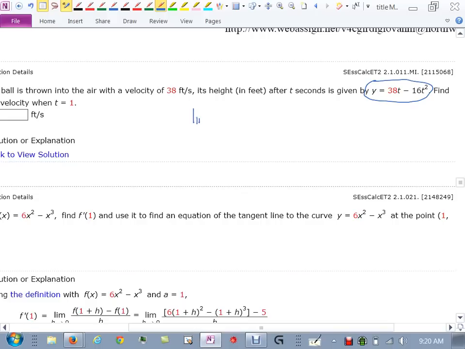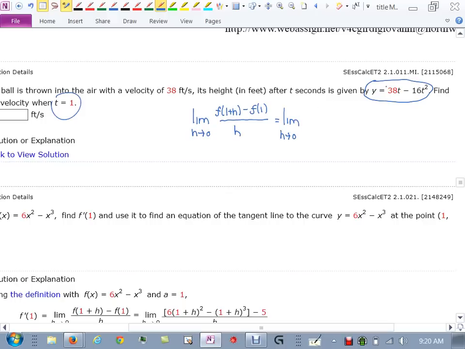So I want to know the limit as h goes to 0 of f of 1 plus h minus f of 1 all over h. Now I'm using 1 because they wanted 1 second here. If it was 2, I would put 2 plus h and then f of 2. So this is equal to the limit as h approaches 0.